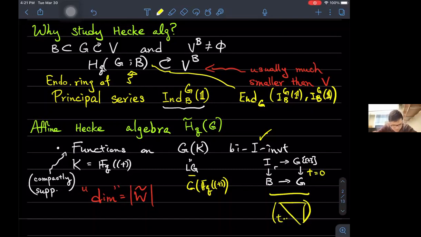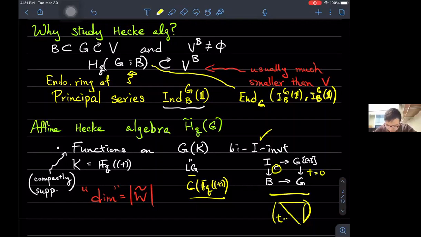And then, you could similarly consider the functions on G(K) with Iwahori bi-invariance condition. You mean this one? Yes, what is that?